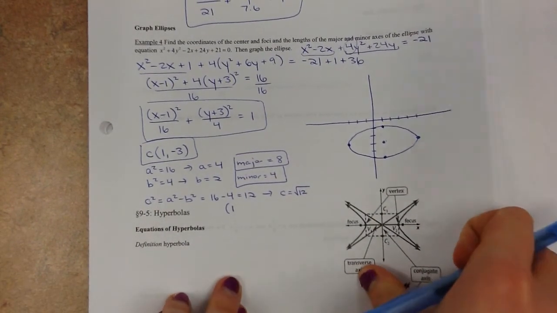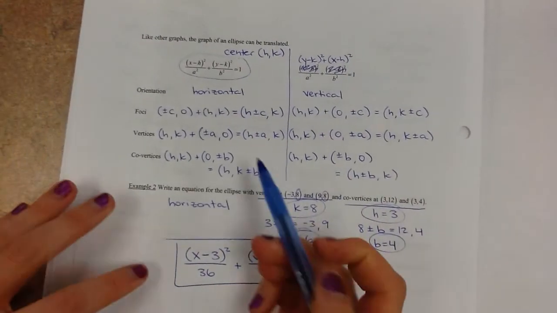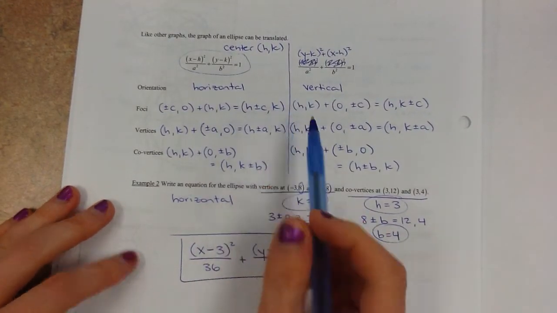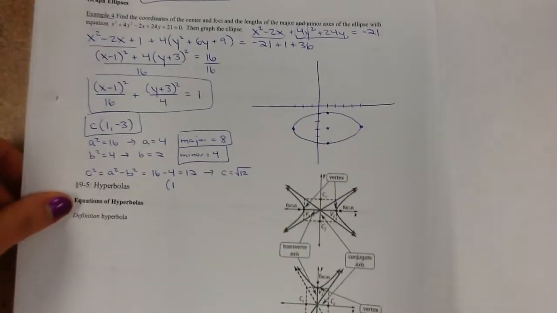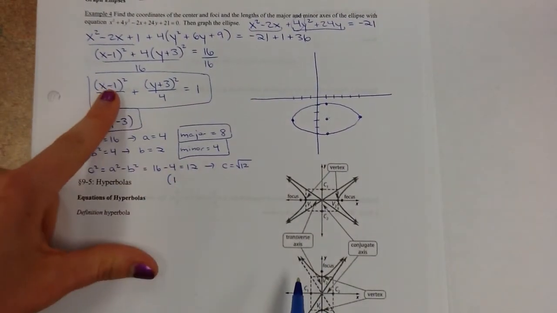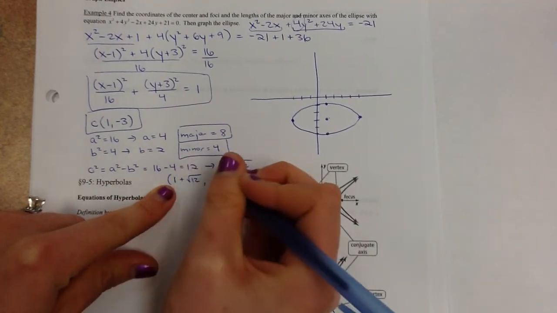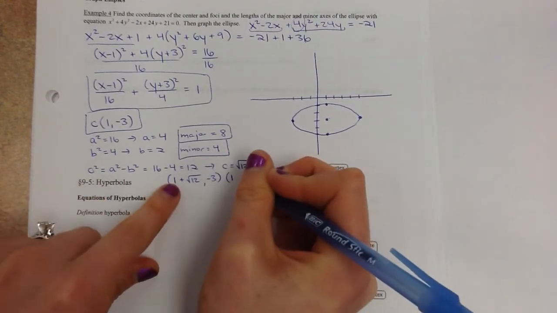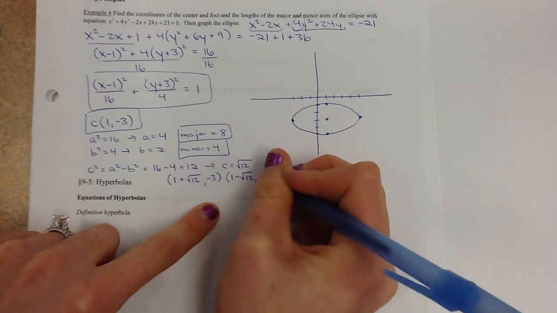Let's flip back just because I feel like I'm talking about these formulas and you can't even see them. If you look at this right here, I'm using my center and then I'm going plus or minus c and then k. So the x coordinate of the center is 1, and then I'm going up root 12, my y coordinate is -3, and then I start at 1 and I go to the left root 12, and then my y coordinate is -3.